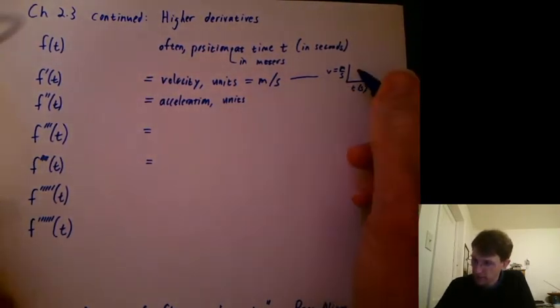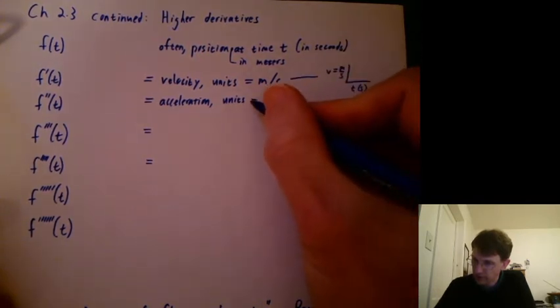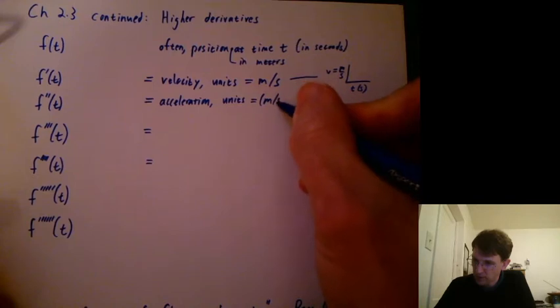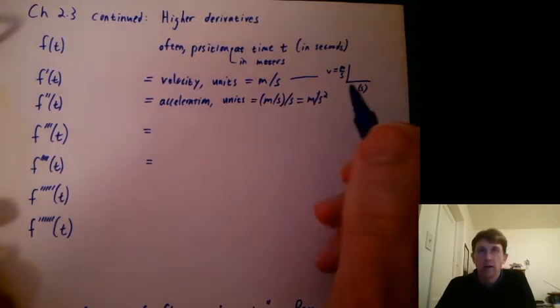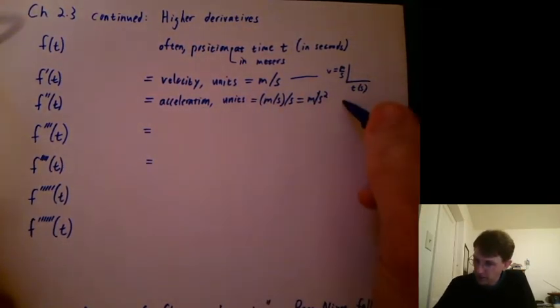And so the units of the derivative would be units of the y divided by units of the x. So that would be meters per second per second, which we often write as meters per second squared. So that's the acceleration. And if we graphed the acceleration, we'd have time on the x-axis and acceleration on the y-axis in meters per second squared.